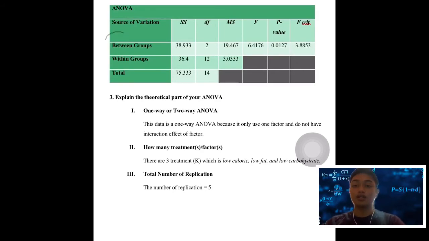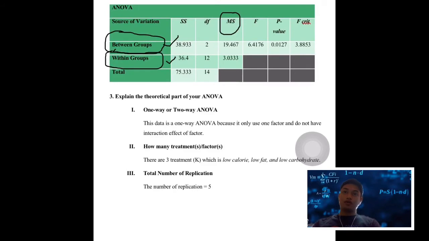The SSTR is the sum of squares of treatment. Treatment is the between group, and SSE is the sum of squares of error, that is the within group. MSTR is the mean square of treatment, and MSE is the mean square of error, that is the within group.